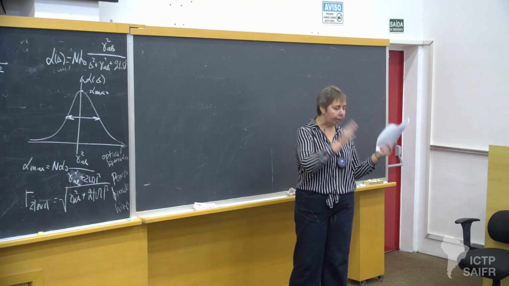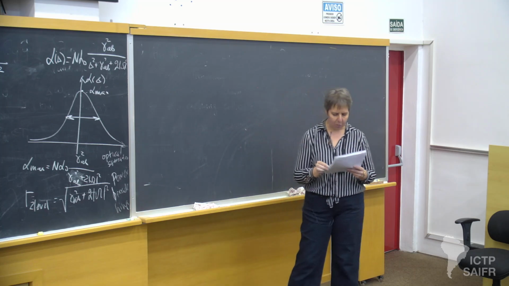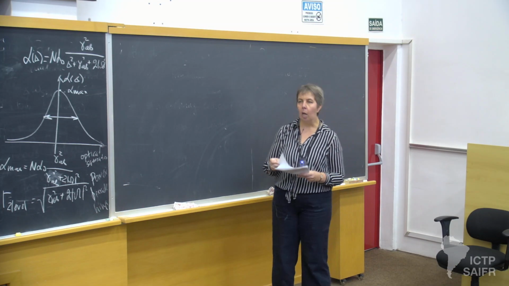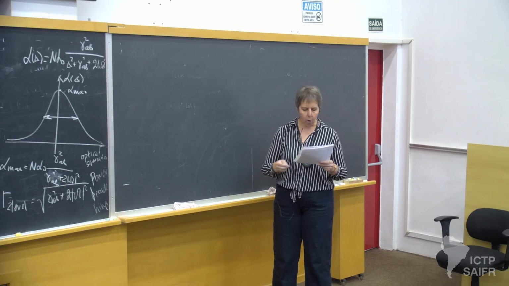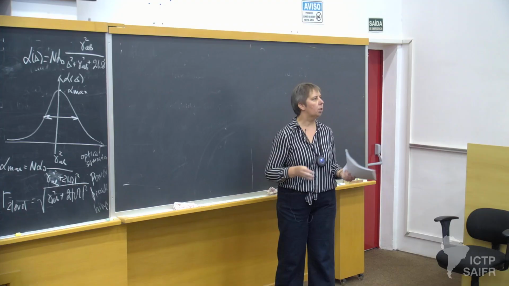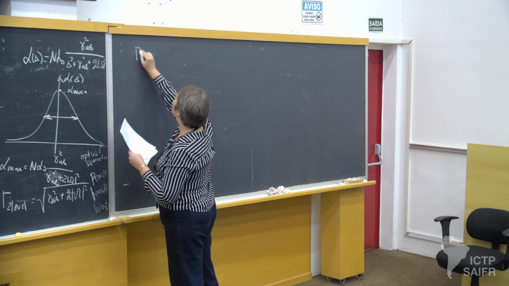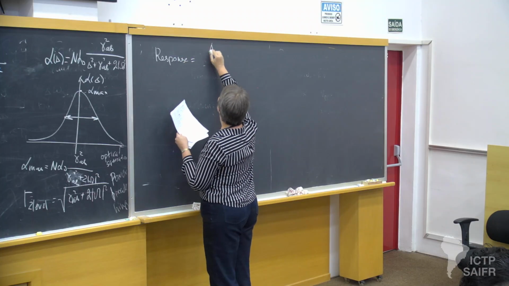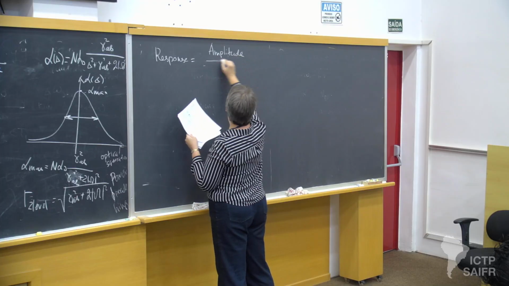But again, let's go back to the sensors. And you can already see that having a lot of power is not going to be very good for the sensors. But let's just run through the exercise because it's such a nice, simple system of how we're going to optimize our response. Suppose you have to use a two-level system. So remember in the beginning, we said that the response was the amplitude of our resonance divided by the width.